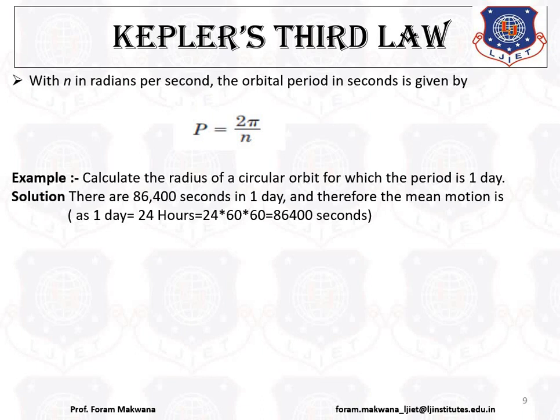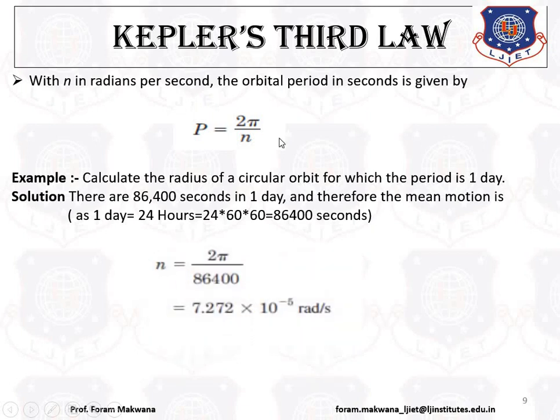So we have to convert the day into second. So we know that 1 day is equal to 24 hours. 1 hour has 60 minutes and 1 minute has 60 seconds. So 24 multiplied by 60 multiplied by 60, that is 86,400 seconds.